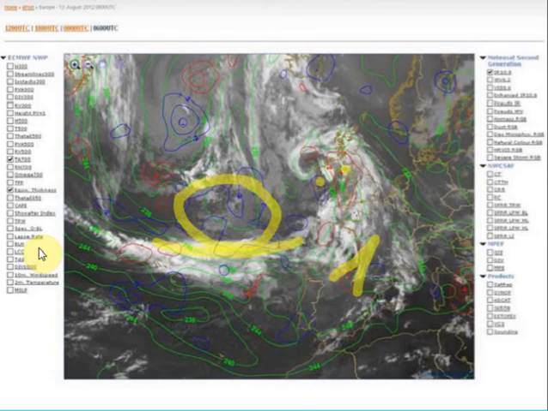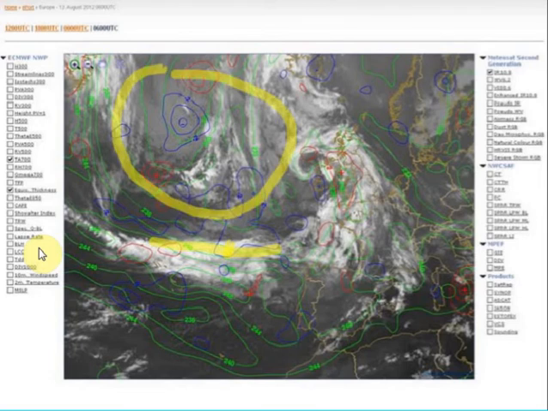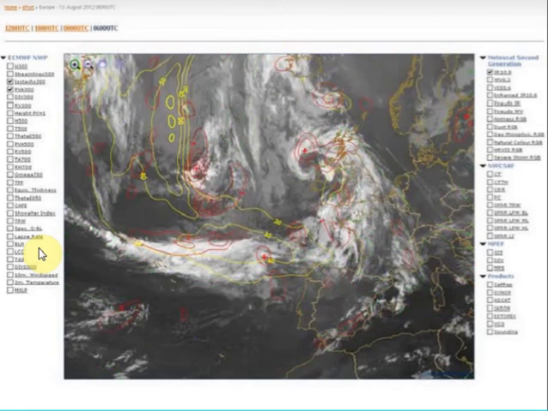So in this front over the sea you have cold advection behind the front. Also, if you look at the values in the equivalent thickness chart, you will see that your cold air is present all over here, the cold air coming from the north and some warm air ahead of it. Why am I showing this?